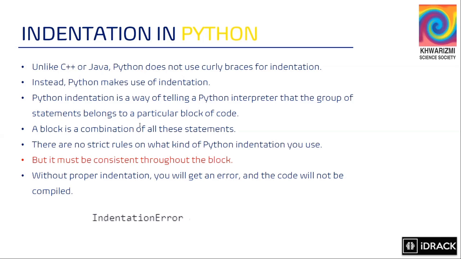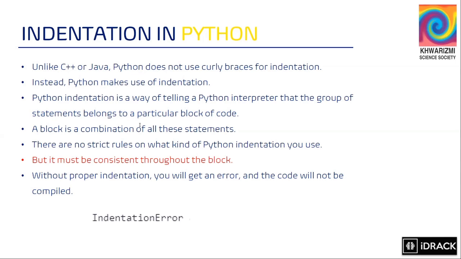Okay, sure, Muhammad Azam. Okay, so like I said, a block of code is essentially a combination of the different kinds of statements that you want to be run at the same time, let's say. And if you used two spaces before the first line of that block, you should use two spaces before every line of code in that block.